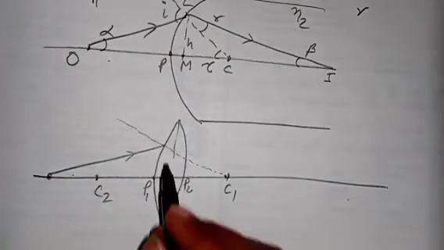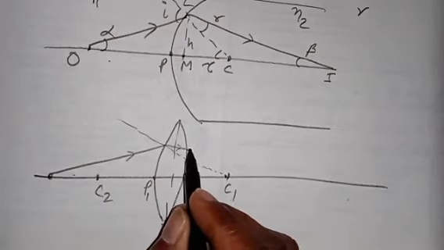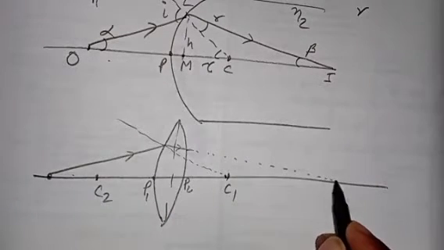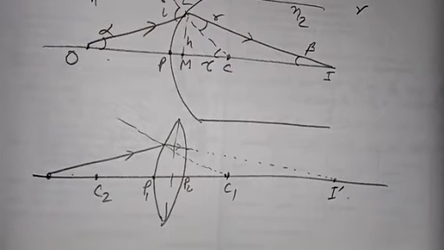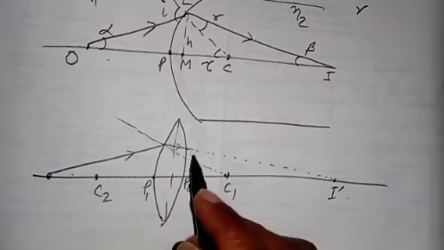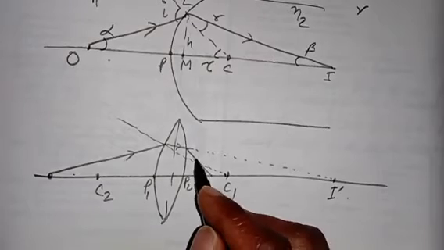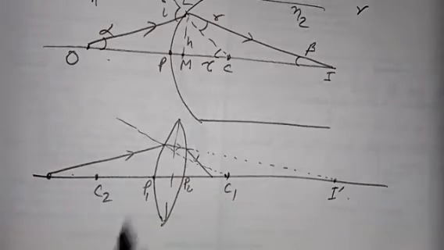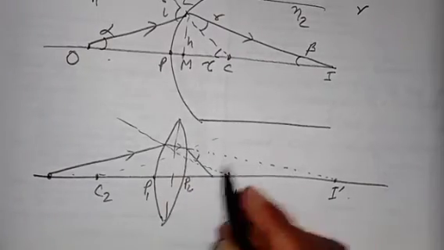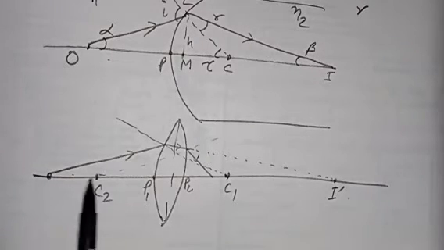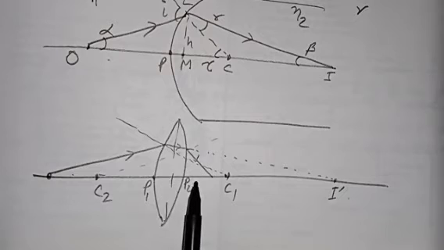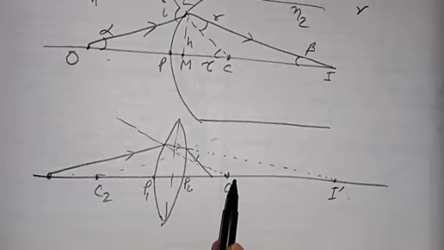It will bend toward the normal, it will reach somewhere here, I dash. It has to go there, but it bends. See how accurately I am doing this. Remember that in front of a convex lens, if the object is beyond C, the image is formed between focus and center of curvature.